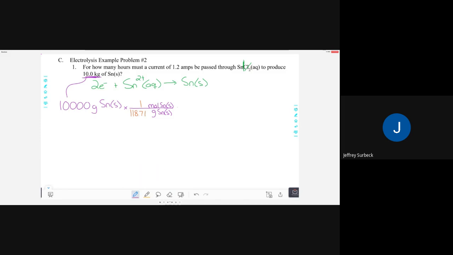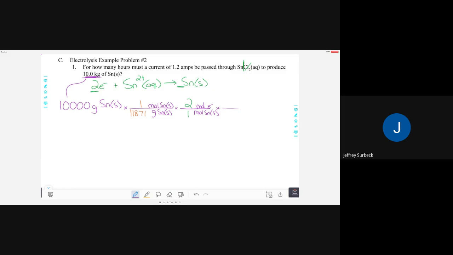If we say times, we draw our line. What unit cancels now? Moles of tin. And I'm going to help you out here. On top, we have to go to moles of electrons. Mole over mole, where do we get those numbers? Very good. Coefficients. So on bottom, with solid tin, what number do we put with that? Okay. How about electrons? Good. Still not in coulombs, so we have to do one more step.